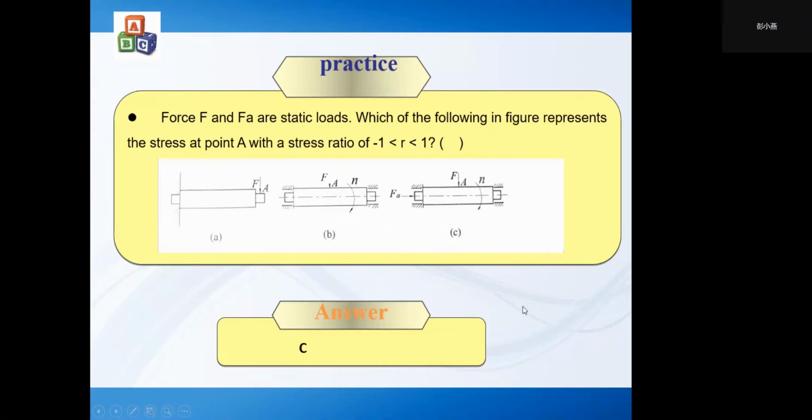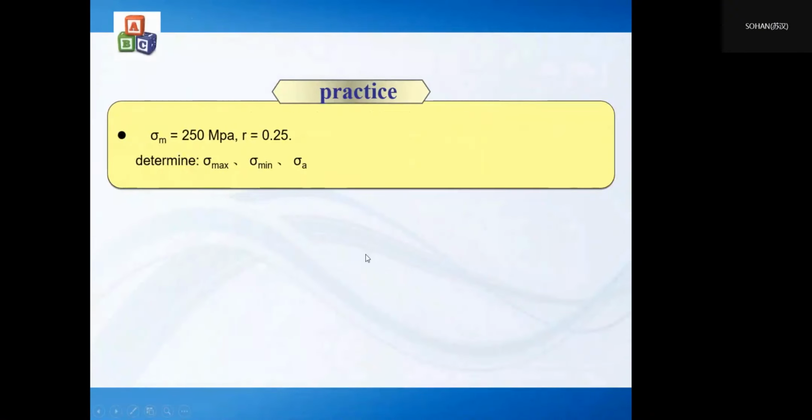And we have learned that the mean stress is 250, and the stress ratio is 0.25.